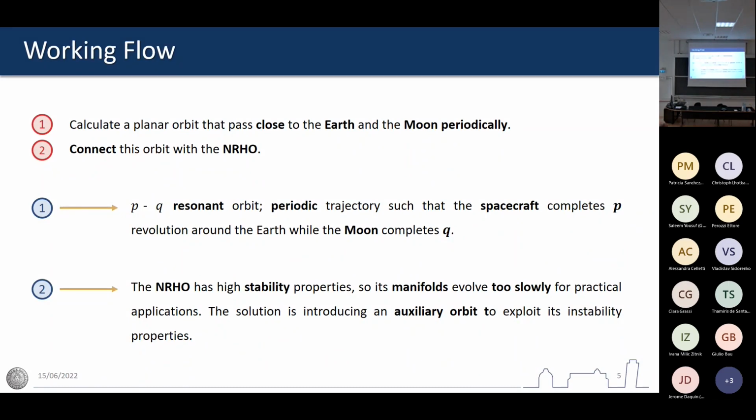Then to introduce an intermediate parking orbit to exploit the dynamics of its manifold, because as you may know, the NRHO is a very stable orbit. So the manifold evolves very slowly, and for this kind of practical application, slow manifolds take a lot of time. And we don't want very large waiting times or time of flight.